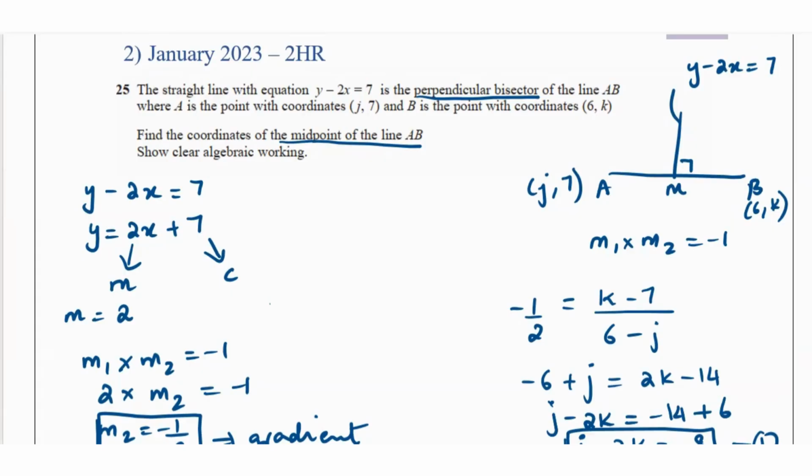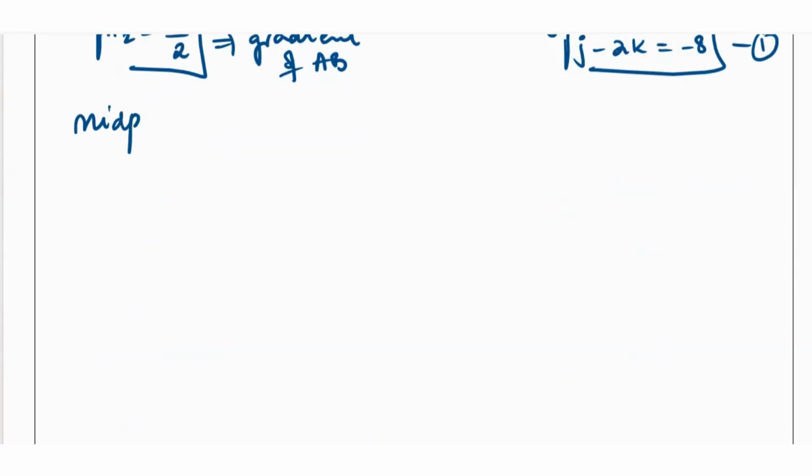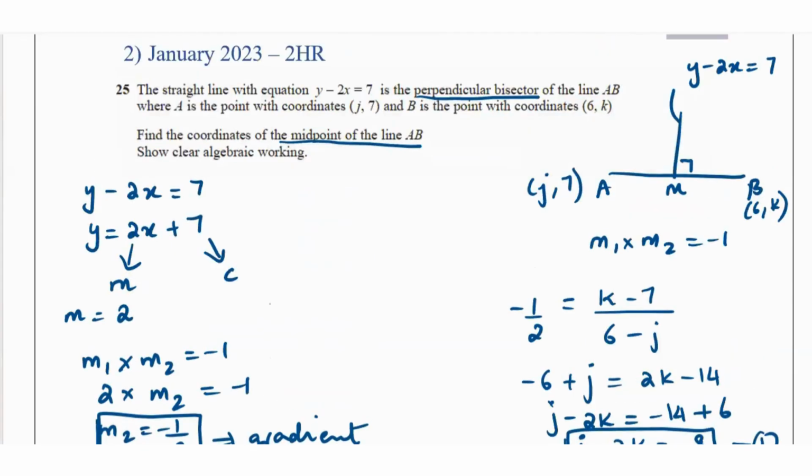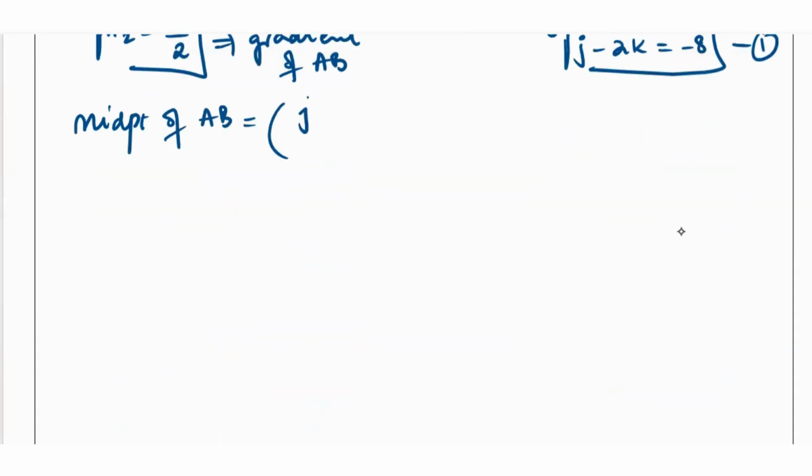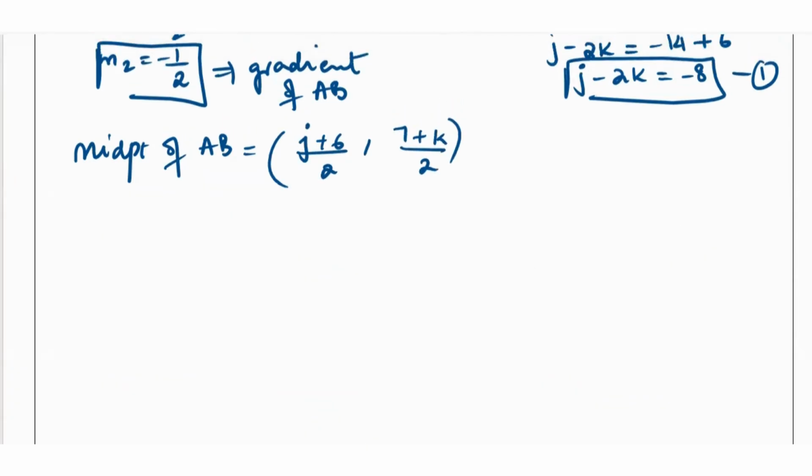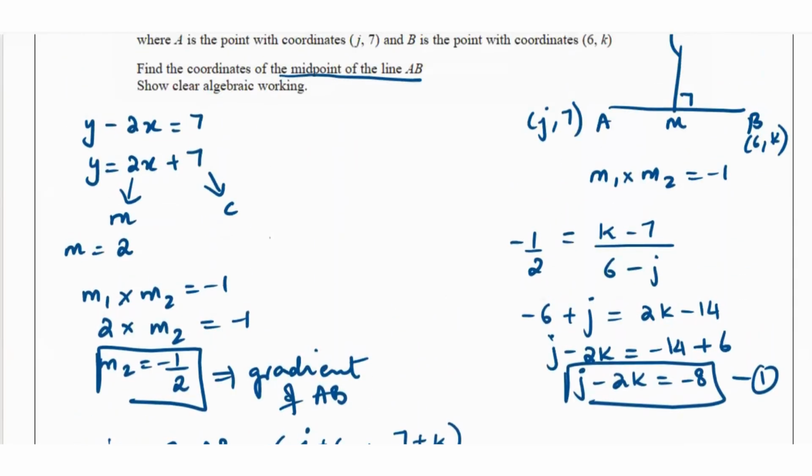So let's create an equation for the midpoint of AB, and then we can substitute those midpoints in the equation y minus 2x equals 7, because the midpoint does lie on that line. The midpoint of AB is going to be (j plus 6) over 2 and (7 plus k) over 2. Just check.